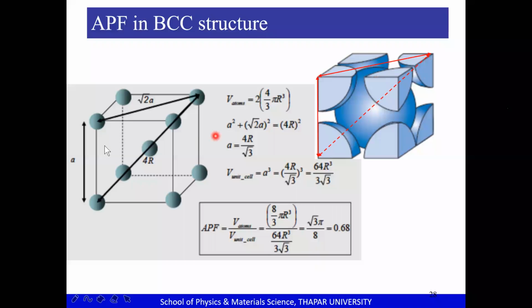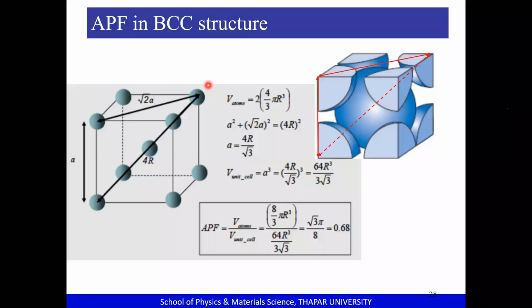And if now I come back to the left hand side image and focus on the face diagonal on the top face, we know that the sides are a and a each. So your face diagonal length is root 2 a.